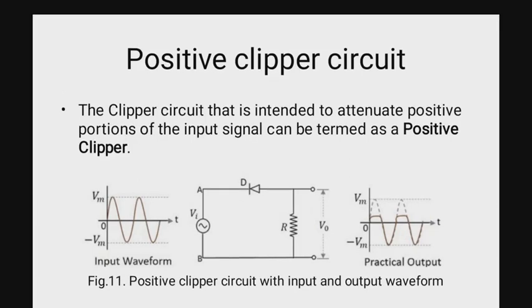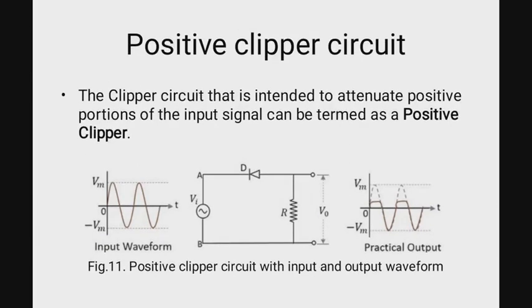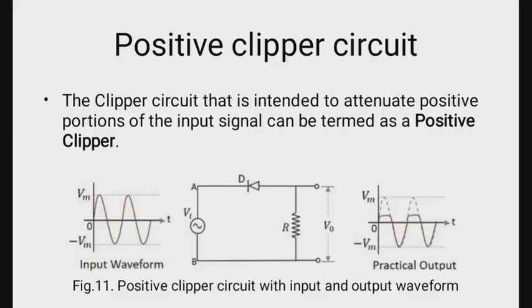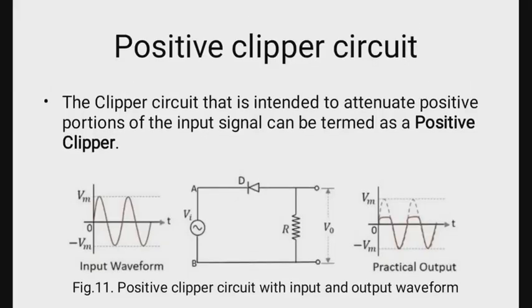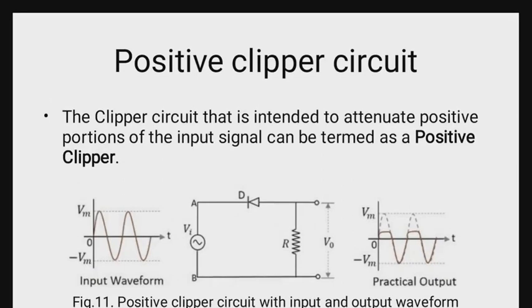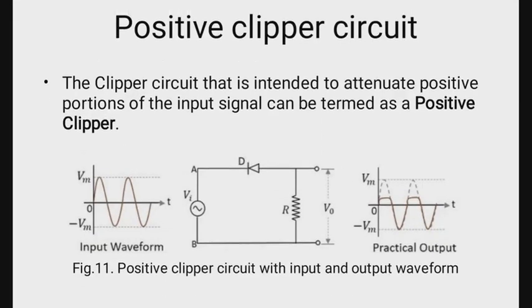So the output voltage is almost equal to 0, which is shown over here. Across the positive peak we get some amount of voltage, which is very small. That is why, theoretically, we assume the output voltage is 0 when the diode is in open circuit condition.